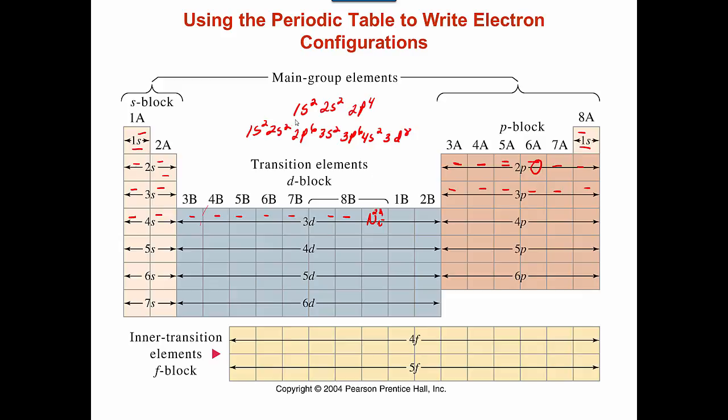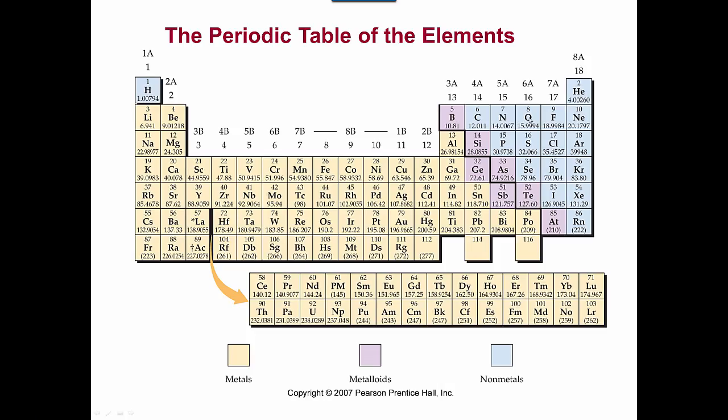We'll go back here to oxygen. The outermost shell with electrons is shell number 2, and there's a total of 2 plus 4, 6 valence electrons for oxygen. So back to the periodic table. Oxygen is in group 6A. We just said that oxygen has 6 valence electrons.